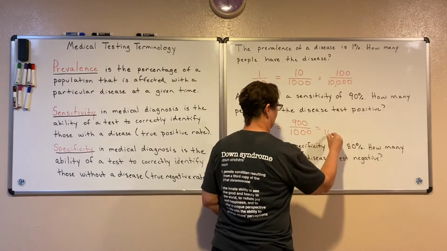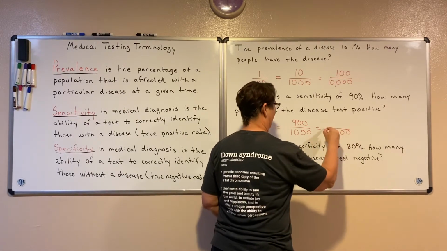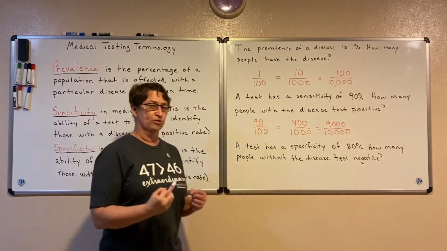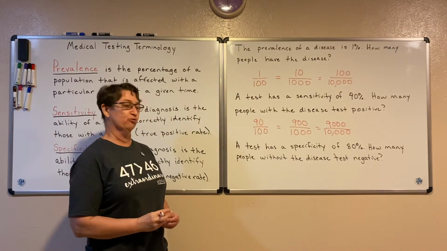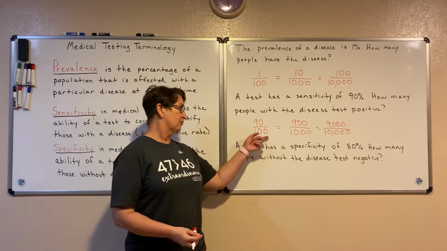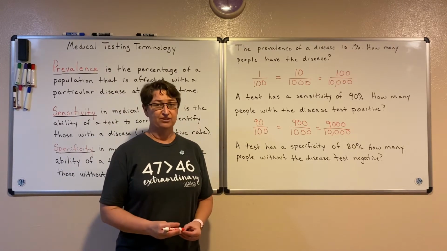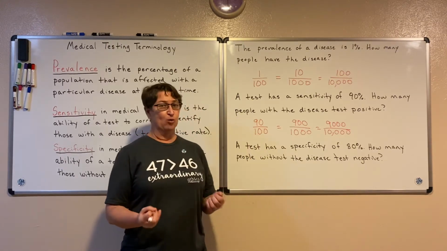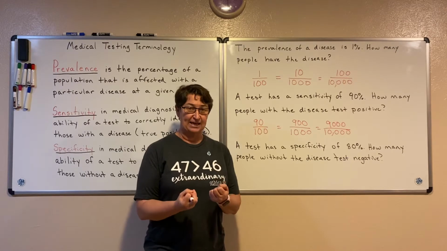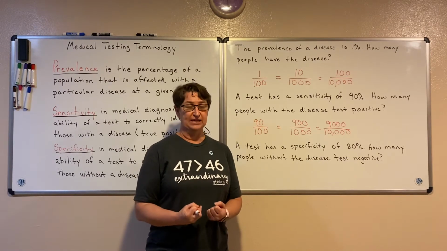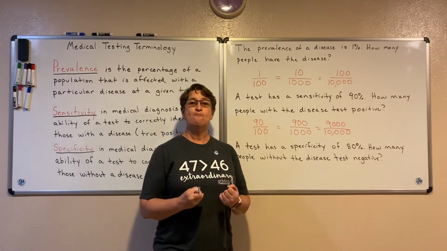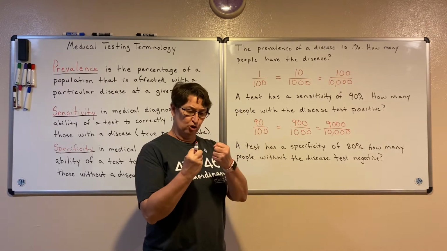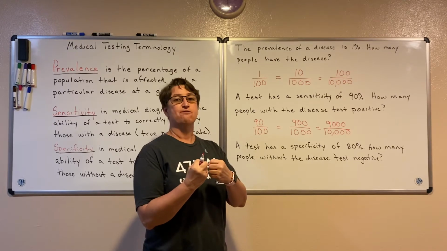If 10,000 of my people have the disease, then I would expect 9,000 of them to walk out with a positive test, positive result. Notice though that some of the people who have the disease walk off with a negative test. 10 of them may walk out and their test said negative even though they have the disease. That is called a false negative. They have the disease, but the result says negative. They got a false negative.